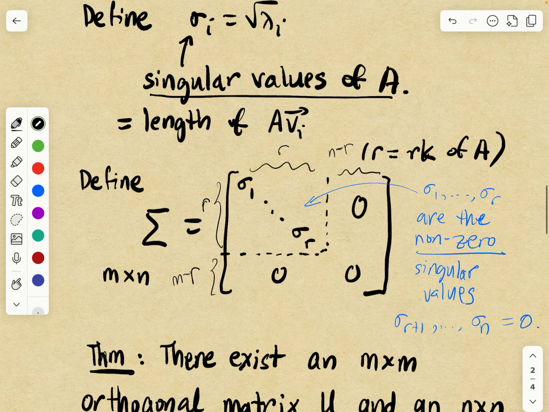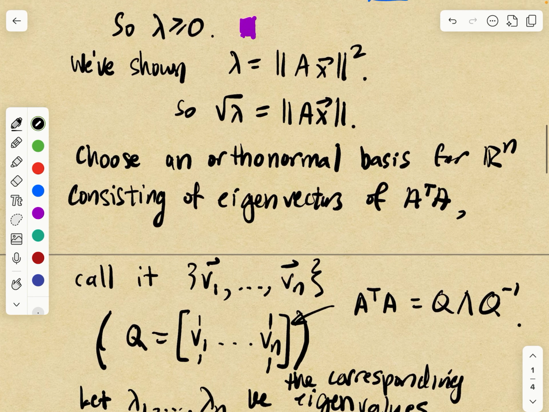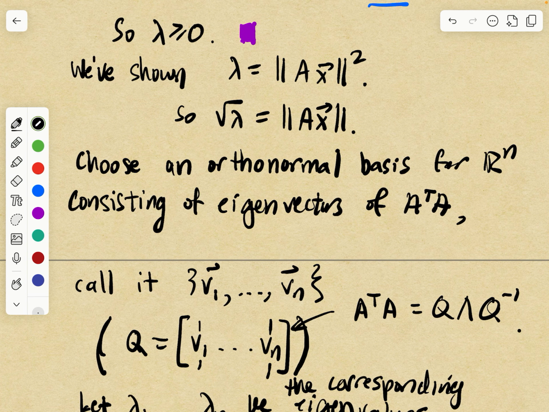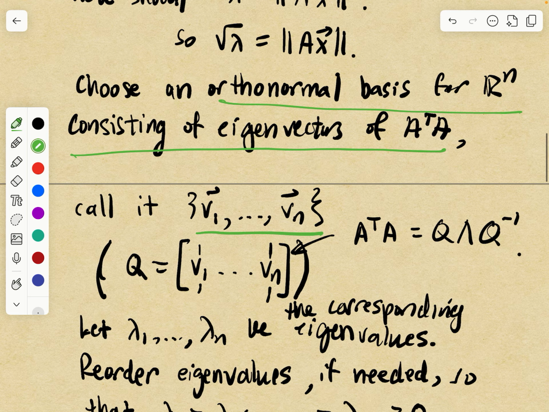Well, recall that above, what we chose is an orthonormal basis for Rn consisting of eigenvectors of A transpose A, and we called it the set V1 through Vn.